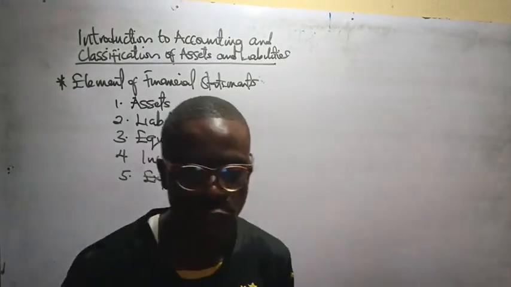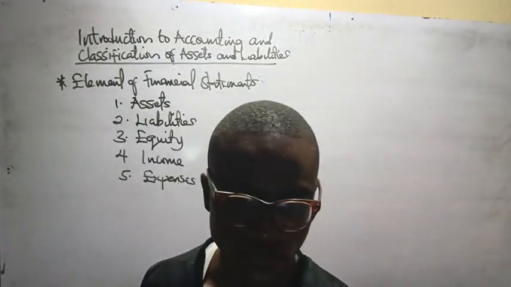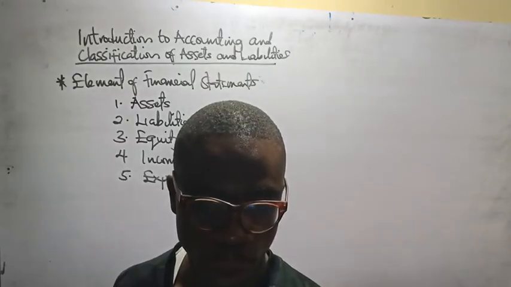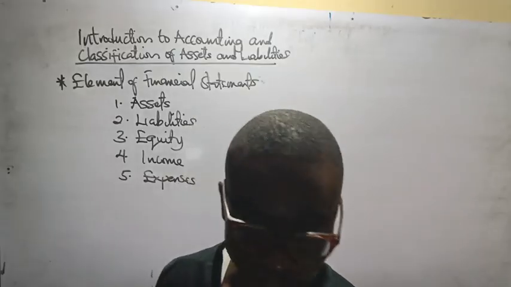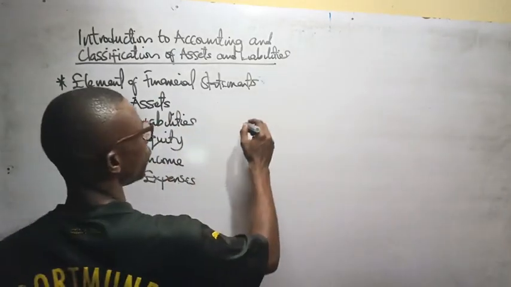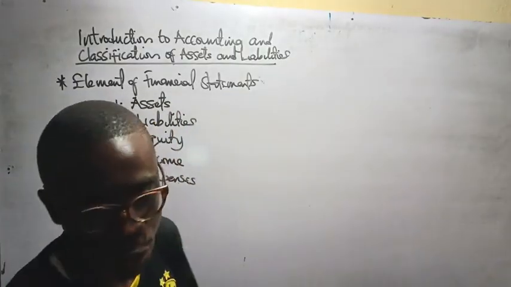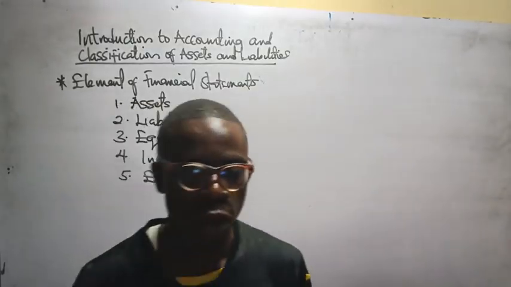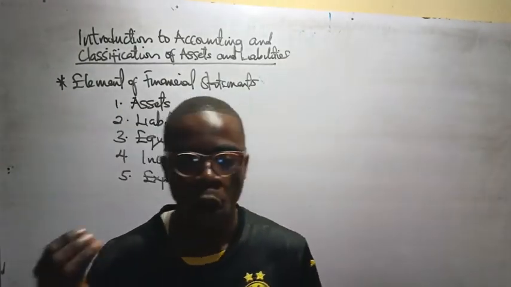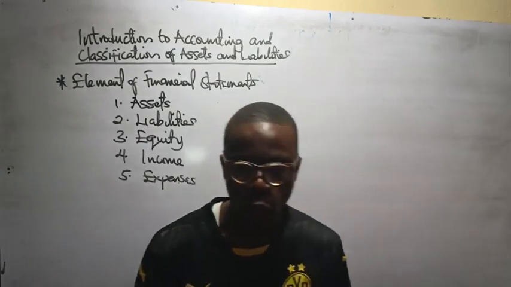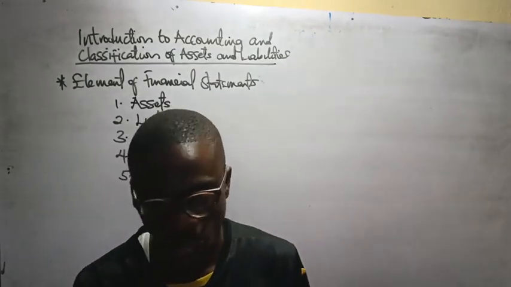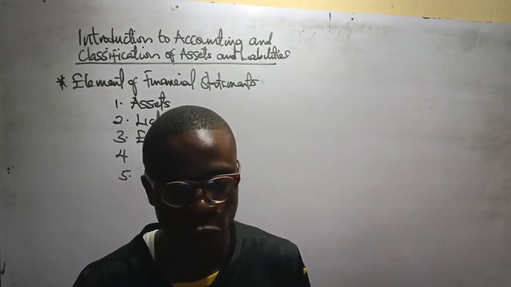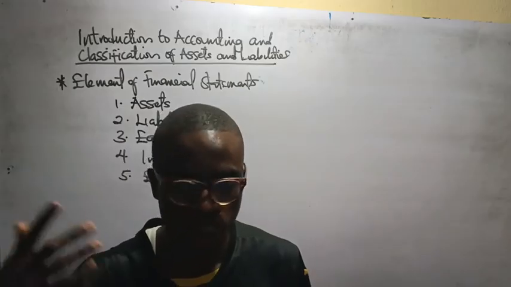So let's go to liabilities now. I was explaining liability the other time, and I explained that liability before I skipped current assets. Liability refers to an obligation of an entity as a result of past events in which future economic benefit will flow out of the entity.